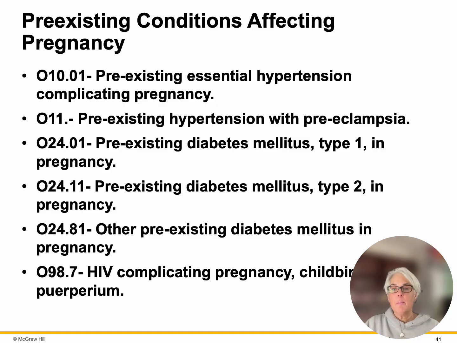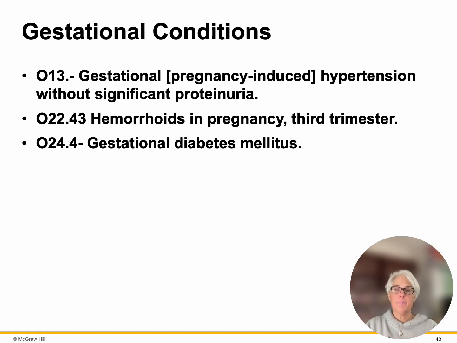When these complicate pregnancies, I would head to the O10 to O11 categories for hypertension, O24 for diabetes, and O98.7 for HIV in pregnancy. I'm still going to code the underlying condition as well, so I'll have an O code plus an I, E, or B code. Sequencing is so important. The O code usually comes first because the pregnancy is the main context.